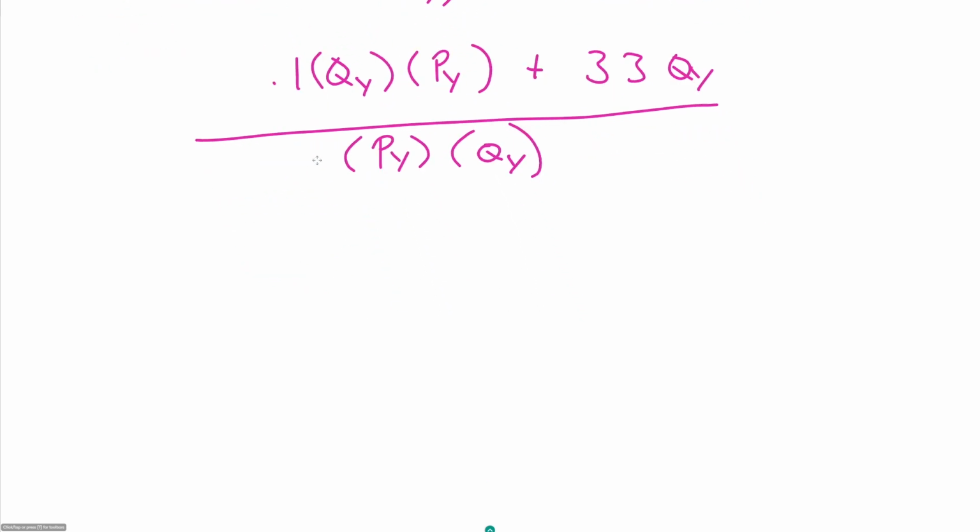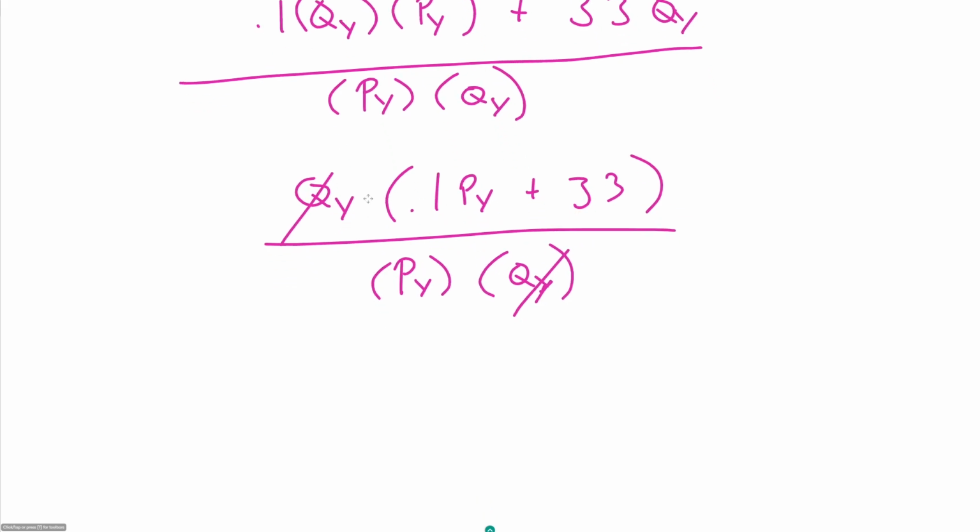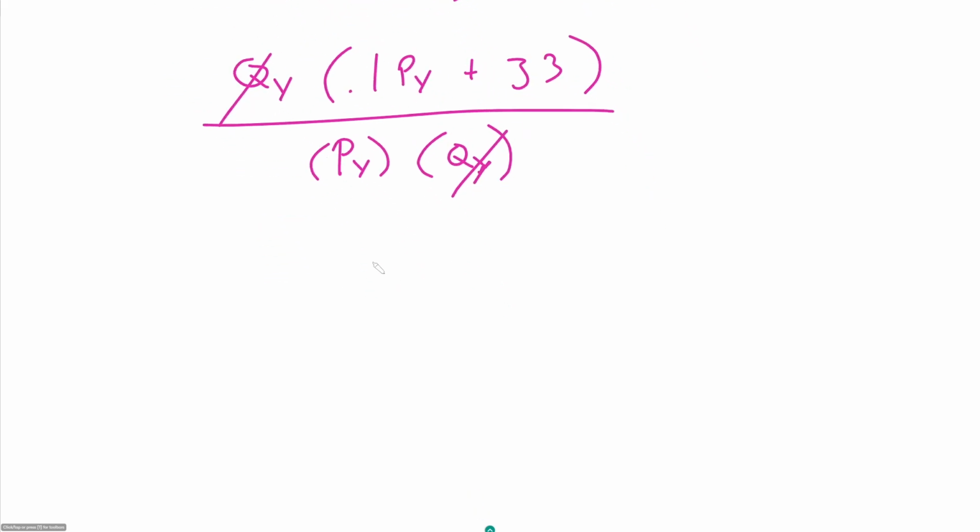We can factor out a QY. Let's try doing that. So QY times 0.1 PY plus 33 all over PY QY. Maybe we can go a little bit farther, but it will still be insufficient. So we can cancel out our QY here. We can get everything in terms of the price from last year.